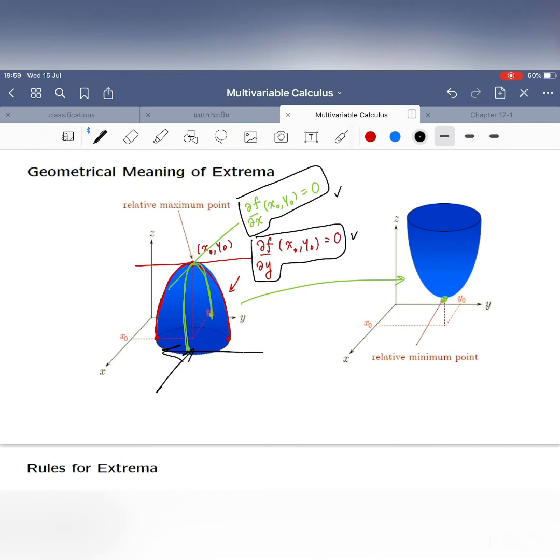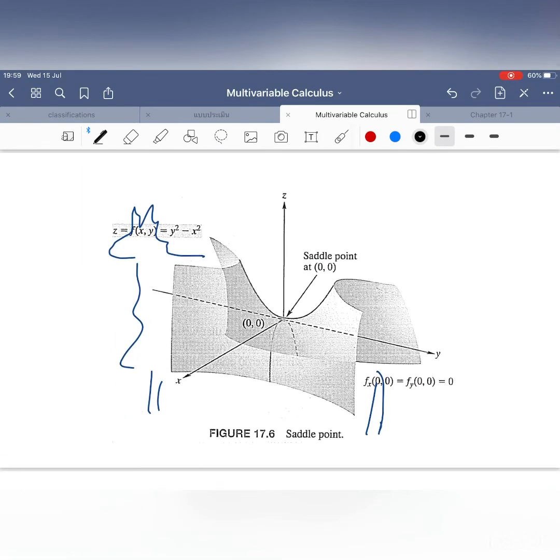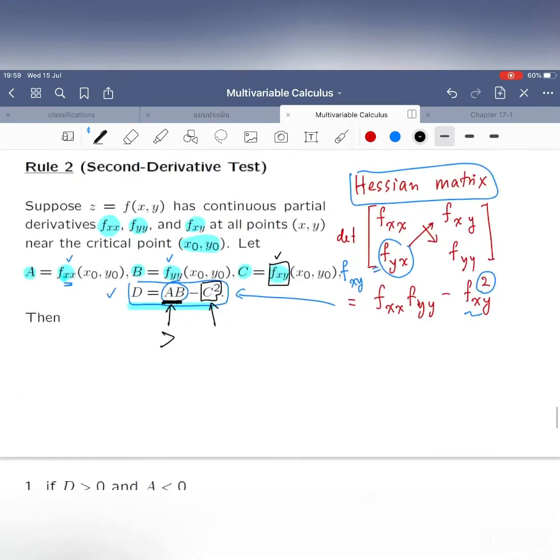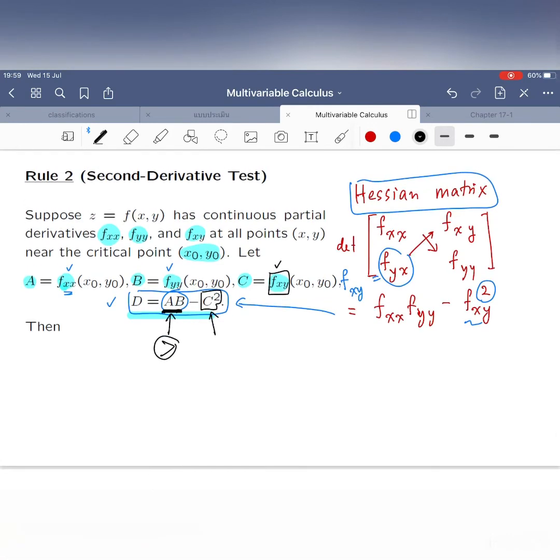You know what I say? If you look at it through the x-axis or through the y-axis, you see the same thing. But not like the saddle point. If you look through the x-axis and through the y-axis, you get a different thing, either a hill or a valley. Are we good?